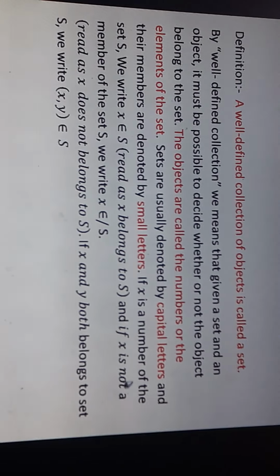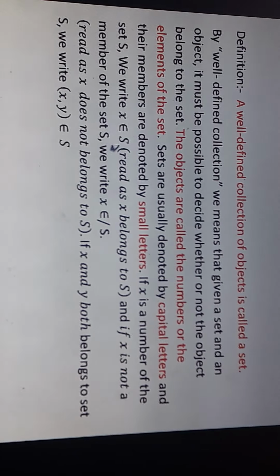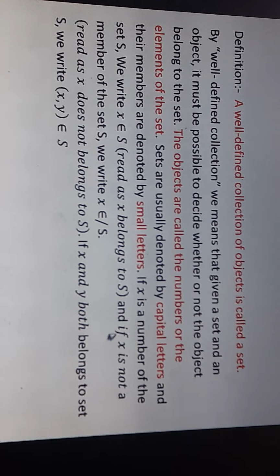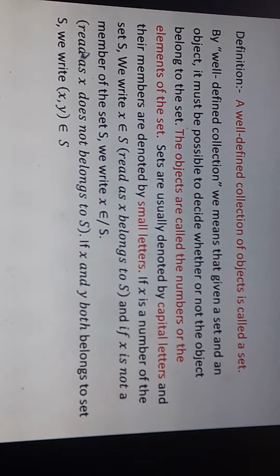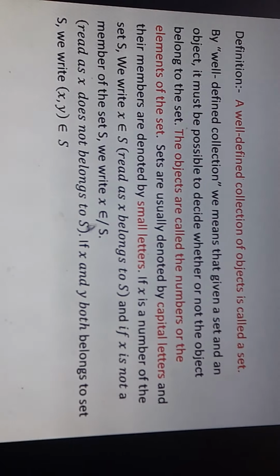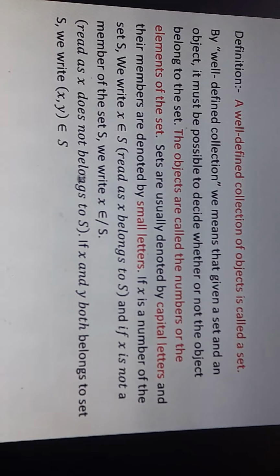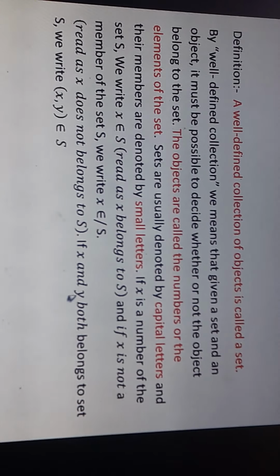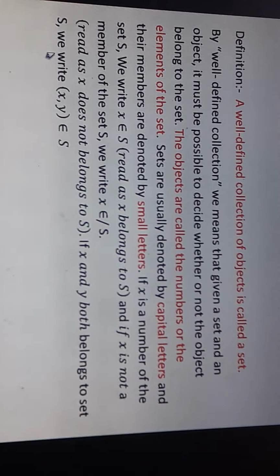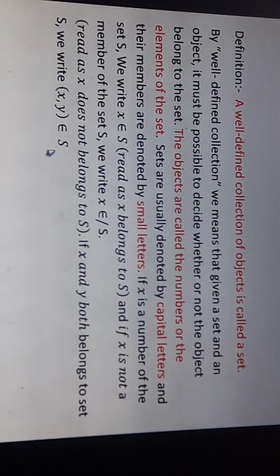If x is a member of the set S, we write x ∈ S, read as x belongs to S. And if x is not a member of the set S, we write x ∉ S, read as x does not belong to S. If x and y both belong to set S, we write x, y ∈ S.